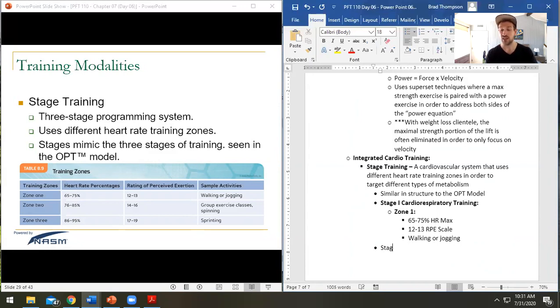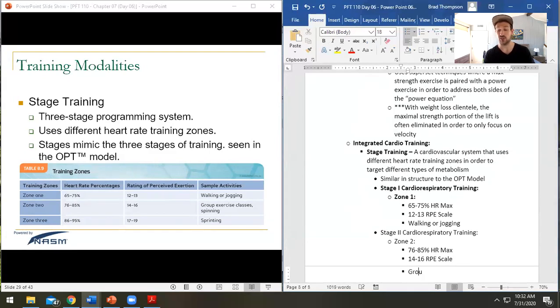Then we've got stage 2 cardiorespiratory training, right? And that's going to focus on zone 2, which is going to be 76 to 85% heart rate max, or a 14 to 16 on the RPE scale.